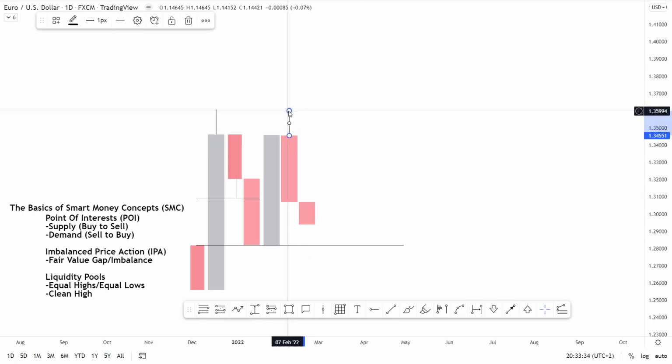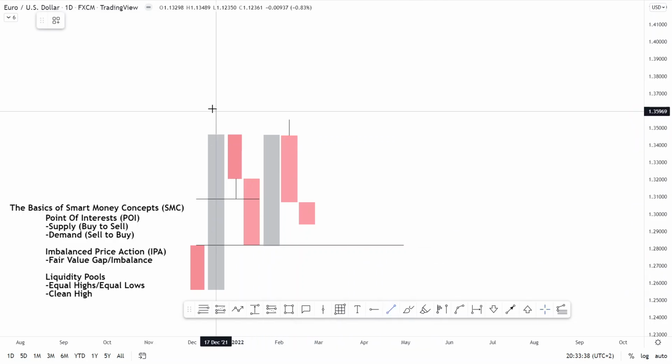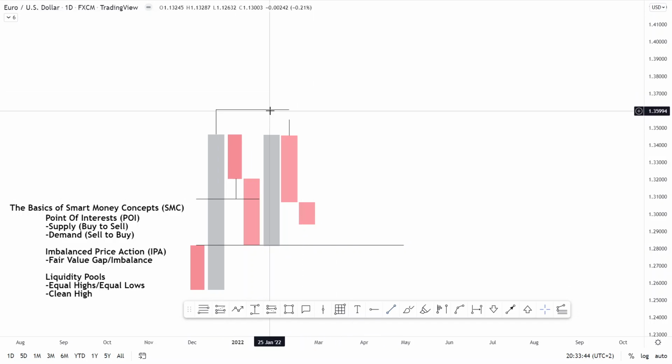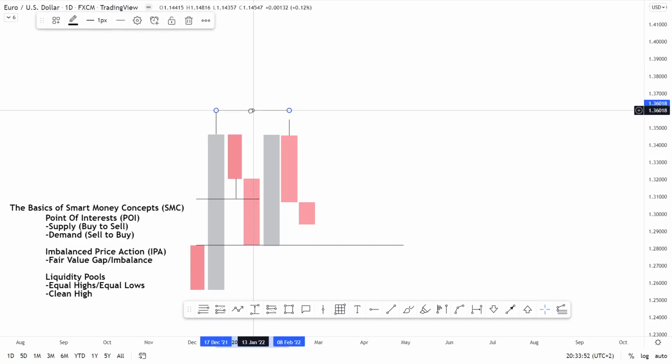So equal highs in the market, what they imply is that it's basically just retail logic, whereby you have equal highs, where most people would expect it to form a double top, where they would easily sell and they would have their stop losses above.